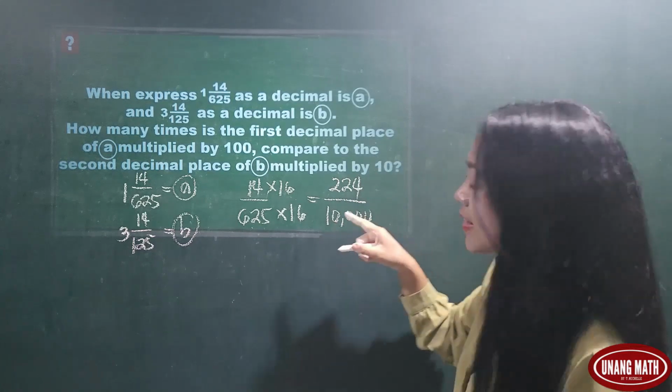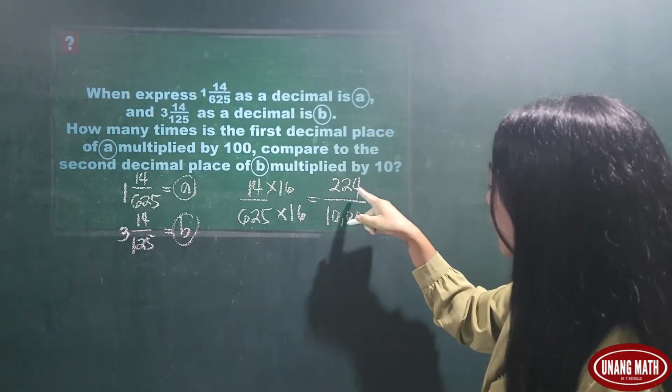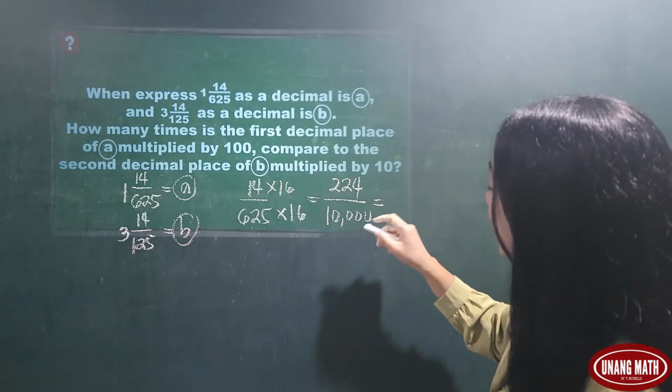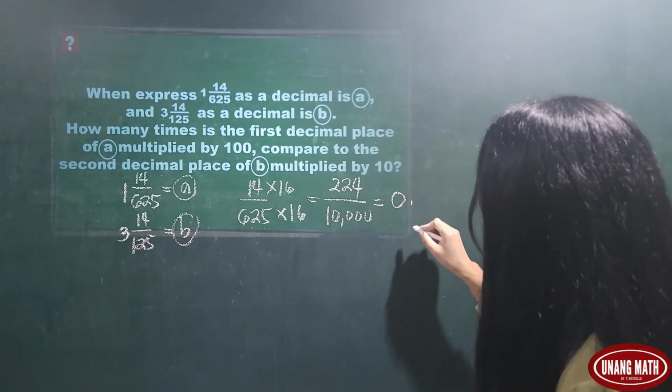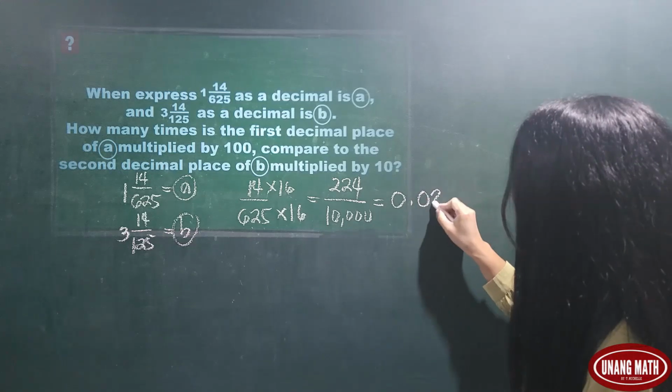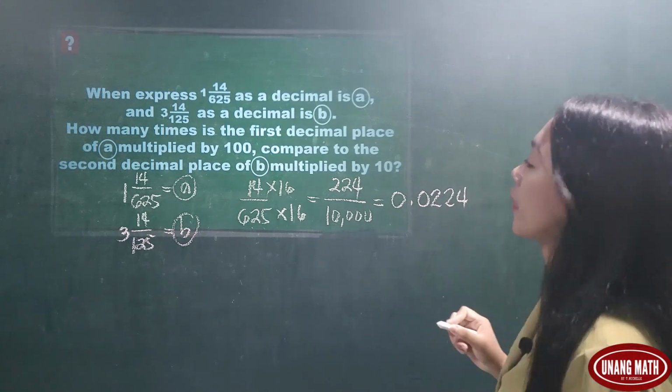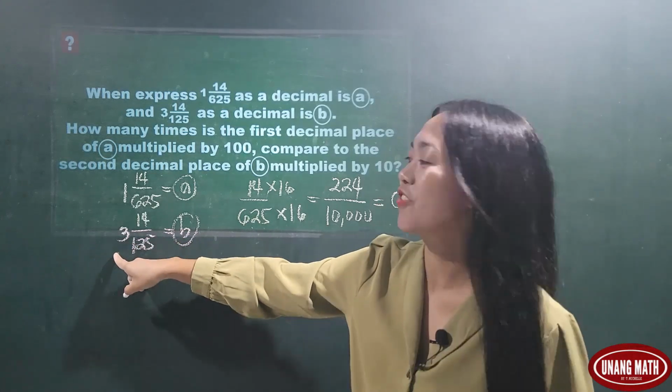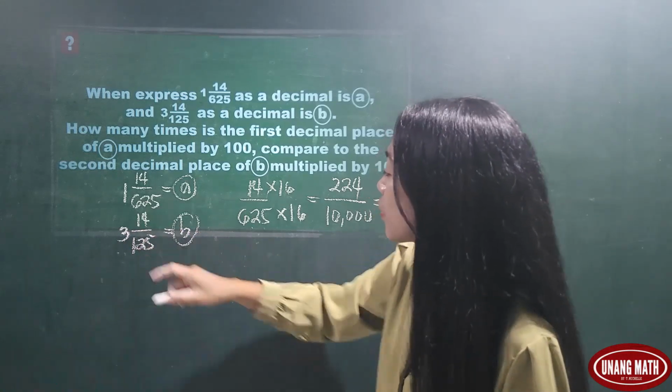So, with 10,000 as the denominator, 224 over 10,000, written as a decimal number, is 0.0224.